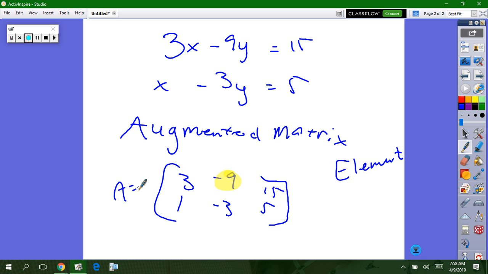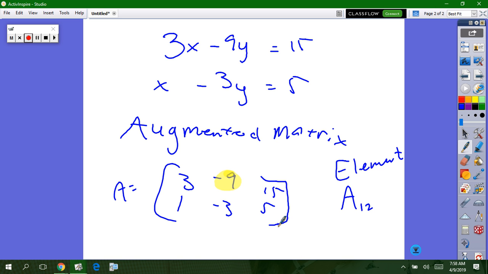This would be element 1, 2. Because what that means is I'm in row 1, second column. So you could name a specific element. Does that make sense, everybody? So notice this would be 1, 1, 1, 2, 1, 3, 2, 1, 2, 2. Right with me on that?